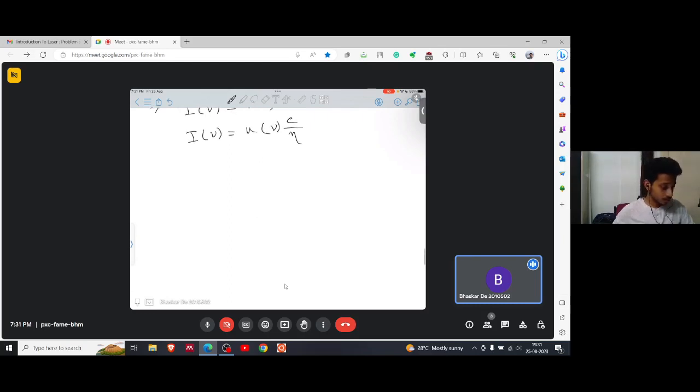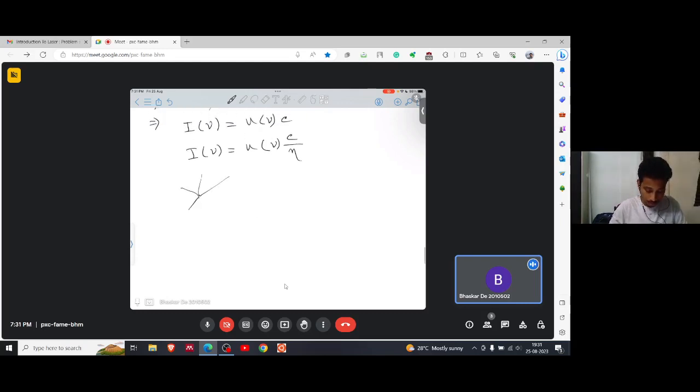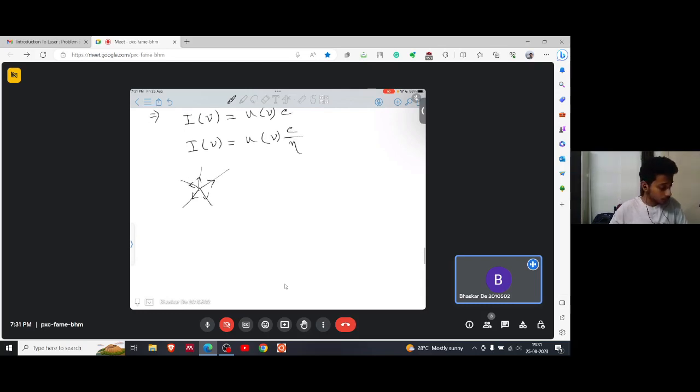So the radiation from any point within a cavity is traveling in all directions like this. So the solid angle is going to be 4 pi solid angle.